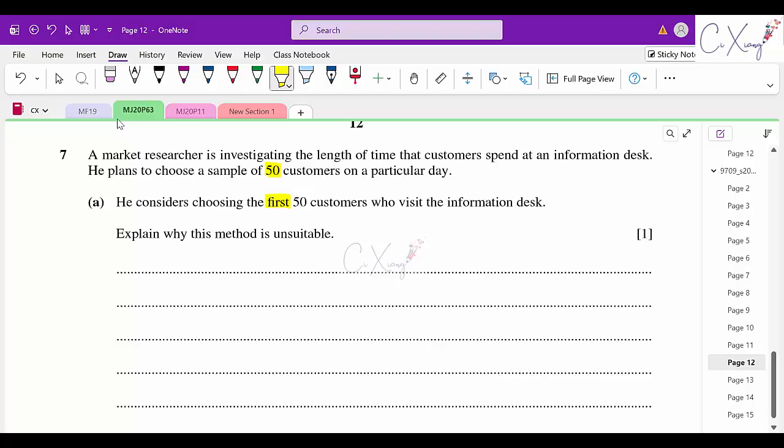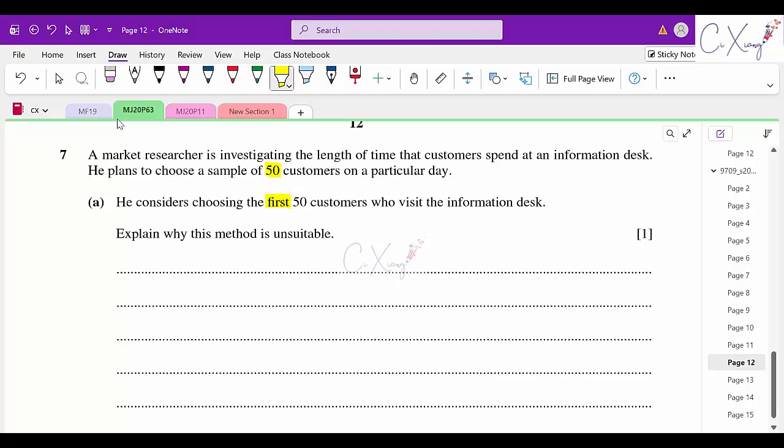When you want to do any investigation, like any survey or whatsoever, there's one very important fact that you need to know, where the sample must be random. That means random means that it is not focused on a specific time, a specific group, but it should be chosen randomly. So this is the reason why the method is unsuitable, because for this researcher, he only focused on the first 50 customers.